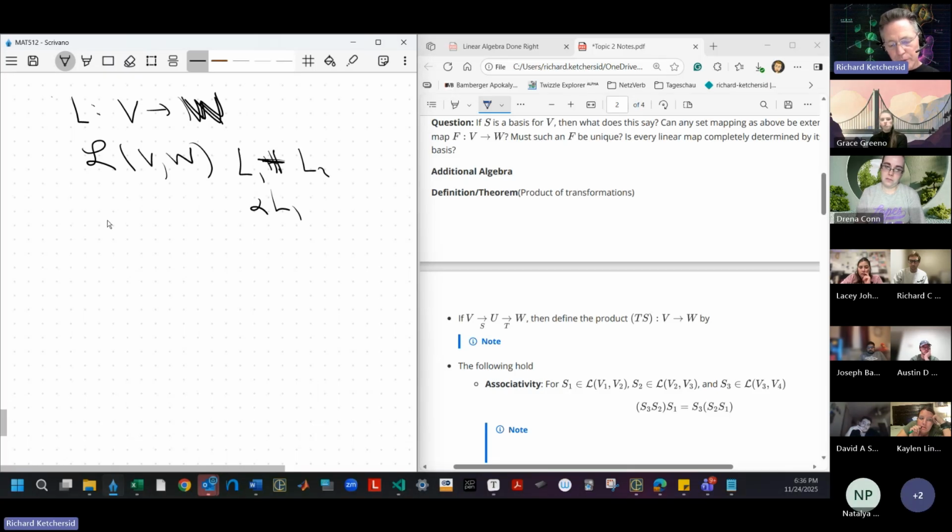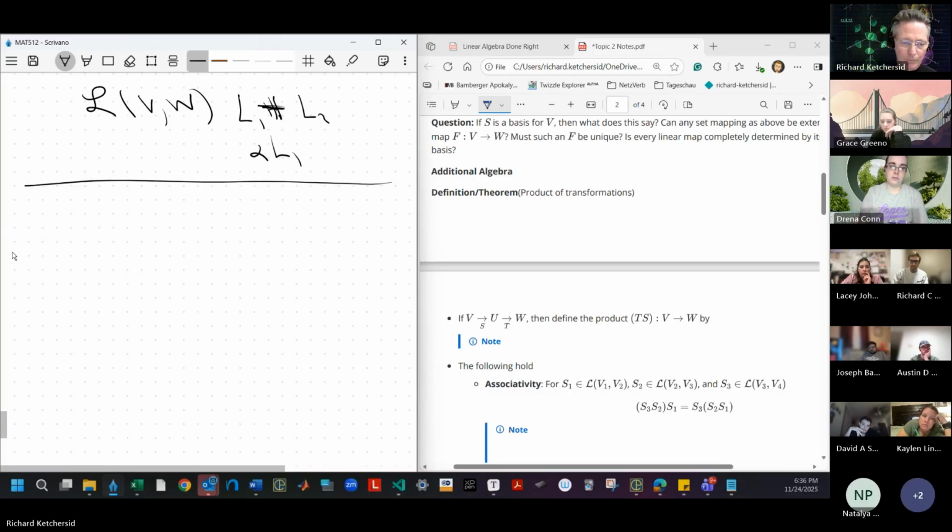Okay, what other sorts of algebra can I do on these things? They are maps, right? So you know what you can do with functions. Add and multiply. So add we've got, and we've got multiply.